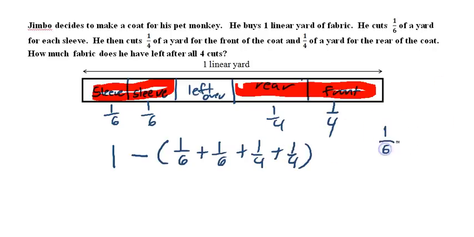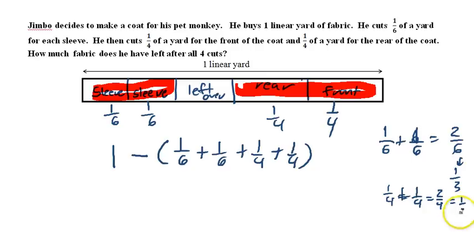So 1/6 plus 1/6, that's 2/6, which is 1/3. And we'll do the fourths, 1/4 and 1/4 equals 2/4, which is 1/2.